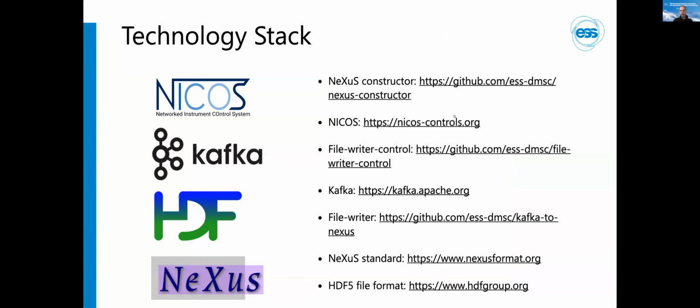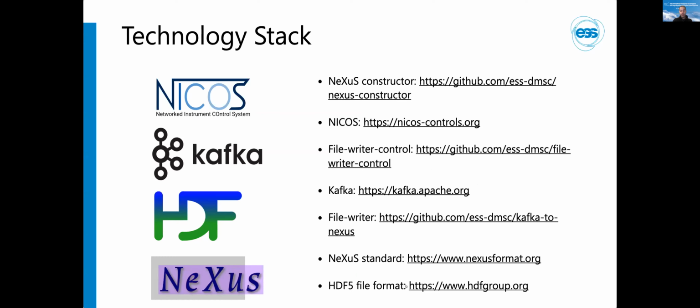As mentioned, we're using Nikos for experiment control. We created a simple Python library for creating and posting jobs. We use Apache Kafka for data aggregation. We have an open source file writer that is now close to being feature complete, in my opinion.